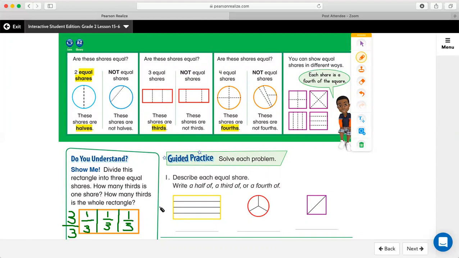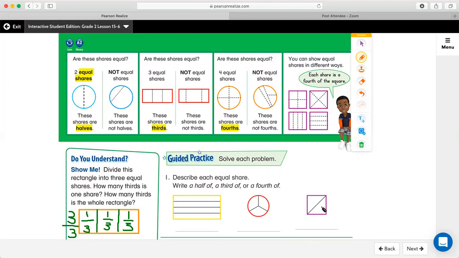Okay, so we divided it into 3 equal pieces, 3 equal shares. Each share was 1/3, and together they make 3/3 or 1 whole.